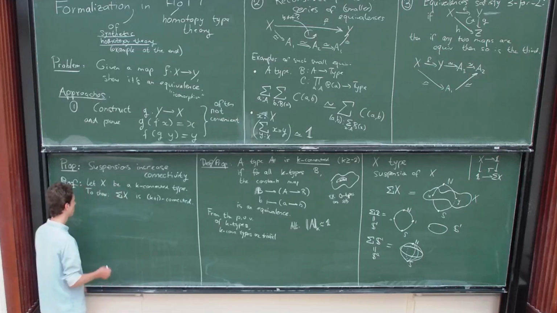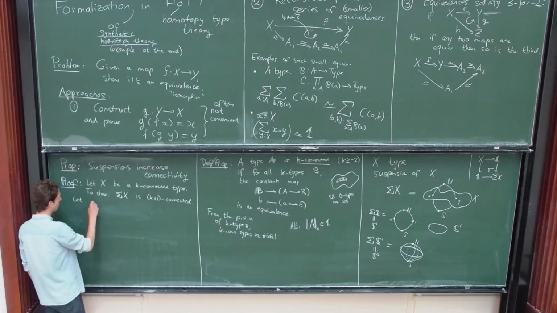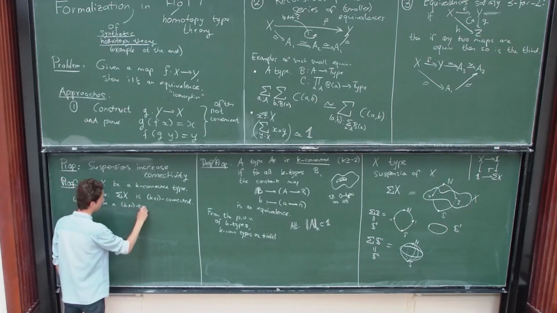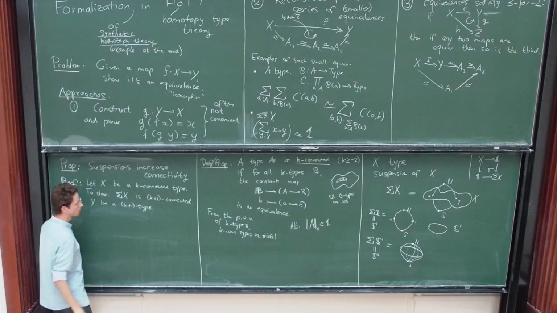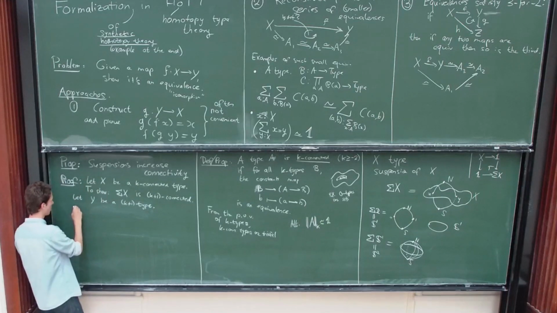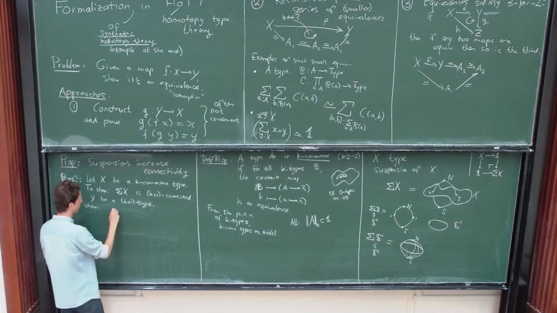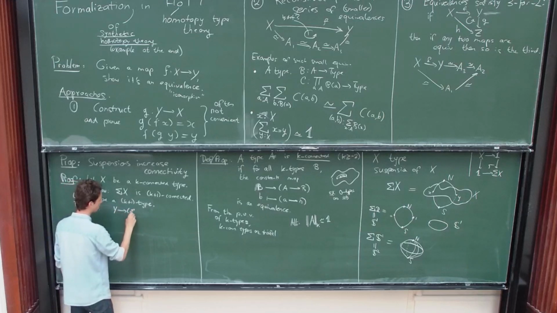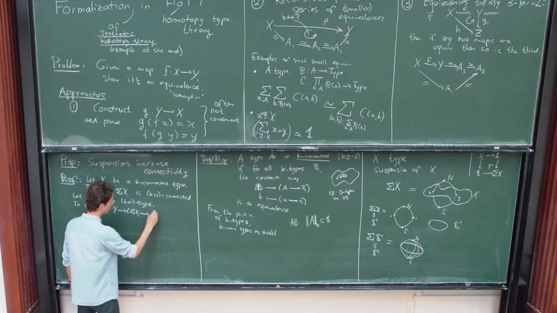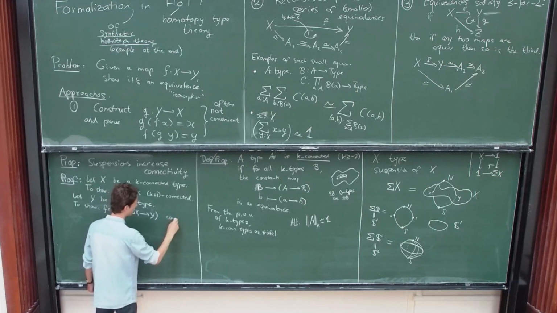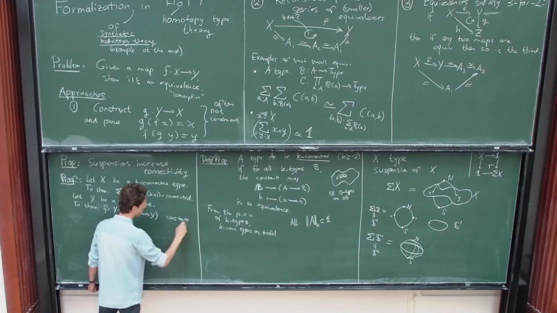So I'm going to take a k+1 type Y. And now I have to show that the map from Y to the functions from the suspension of X into Y, which I call f and which is the constant map, is an equivalence.